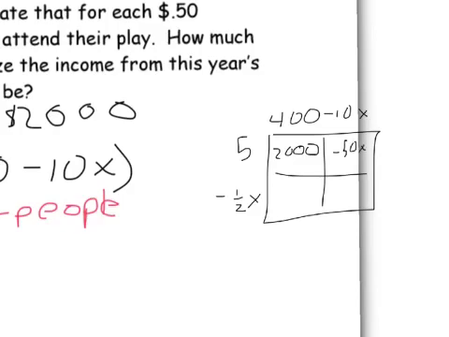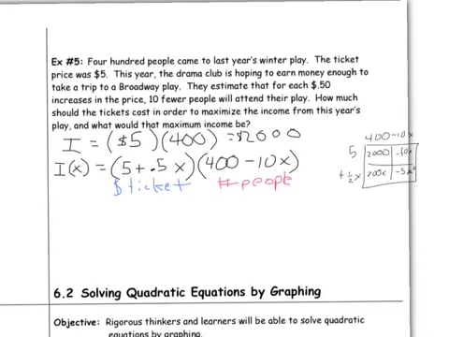Plus 200x, and then minus 50x, and then negative 10 times positive 1/2 is negative 5, and x times x is x squared. Okay, so that means we could rewrite this as negative 5x squared, plus 200x minus 50x, or 150x, plus the $2,000 that we made last year.